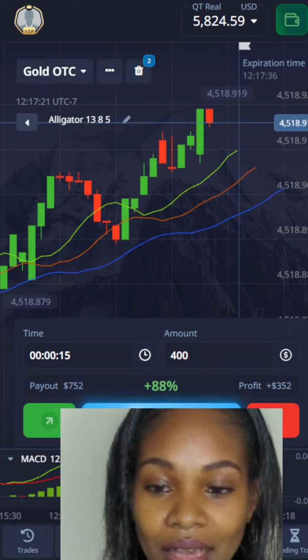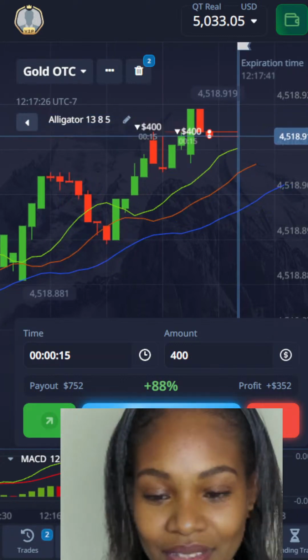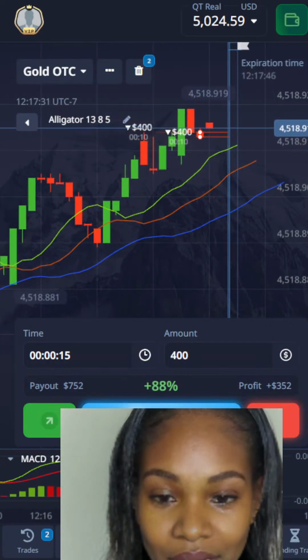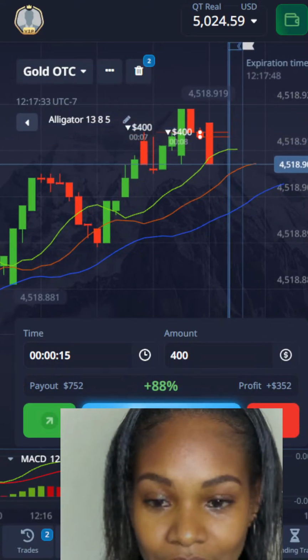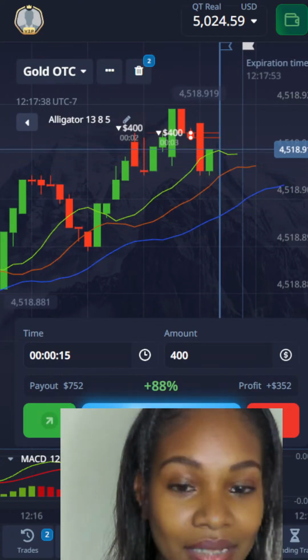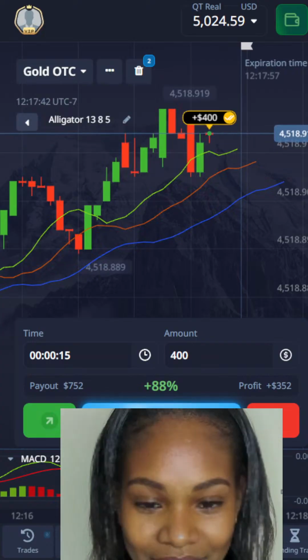So there are those small opportunities that the sellers get, and if you get it properly and you place your trade, just like right now, if I'm correct about it, I will definitely close in a plus. Okay, so that is it. We keep it going and we keep it interesting.